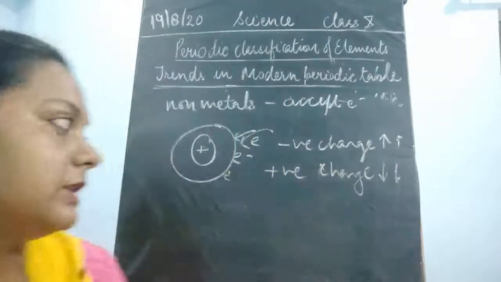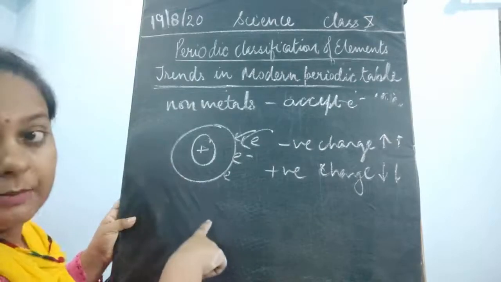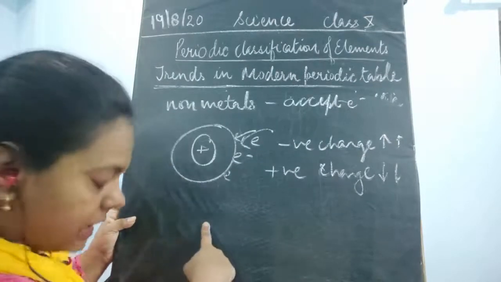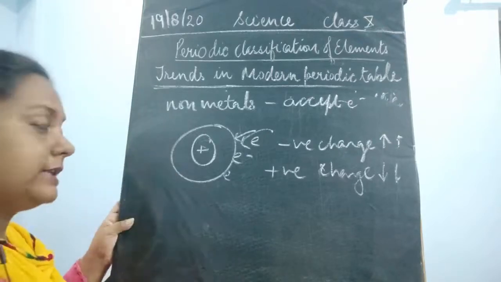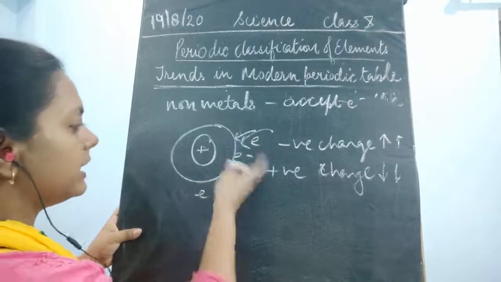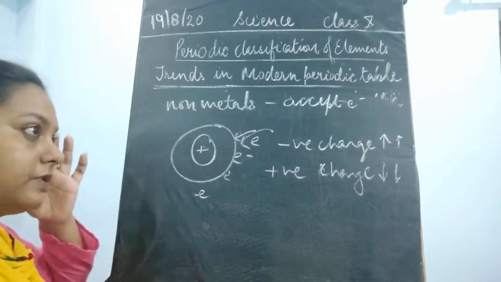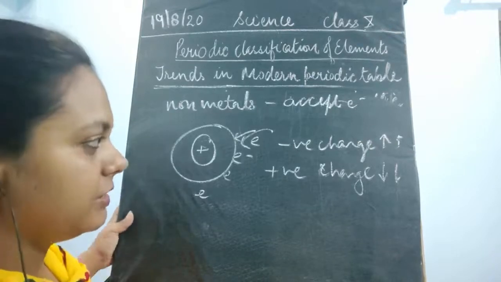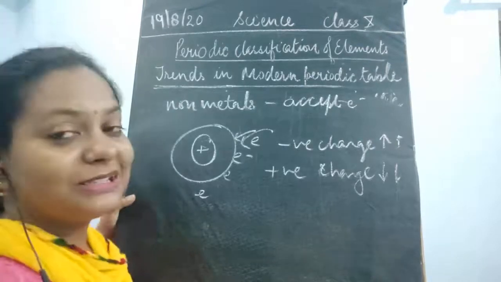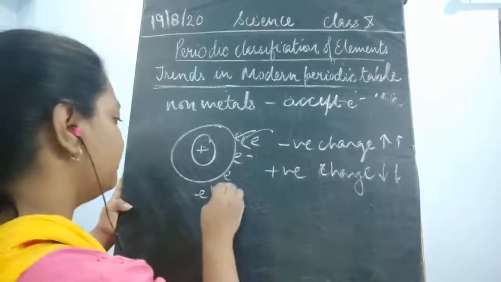Okay, so this becomes the electronegative characteristic. Why is this happening? Because the electronegative characteristic is increasing. So what is electronegative? Electrons are getting added up, so it increases the negative charges. Negative charges are being increased, not the negativity.